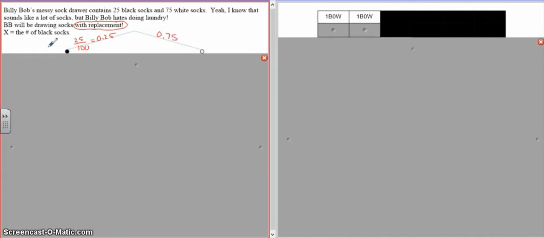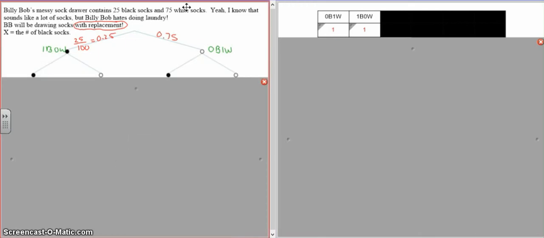So this branch here would represent 1 black, 0 white, and this branch would represent 0 black, 1 white. So for no black socks, there's 1 branch favorable, and for 1 black sock, there is 1 branch favorable. Right now we're just looking at the number of branches.